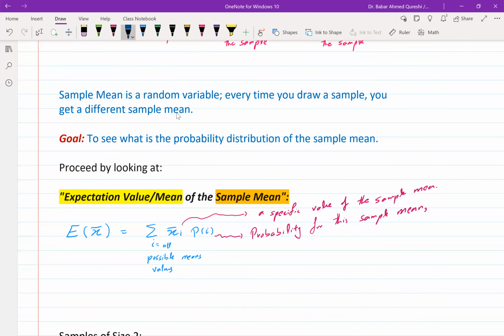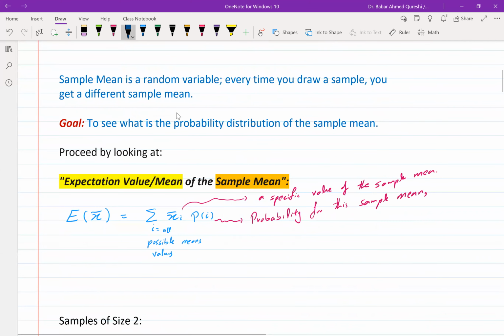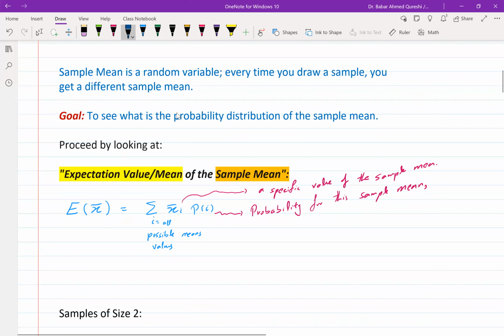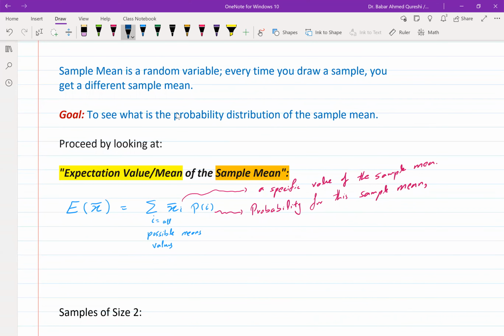Sample mean is a random variable, and we want to see its probability distribution. Because every time we are getting a different answer, we want to have an idea of how this random variable is behaving. What can we say about this probability distribution?